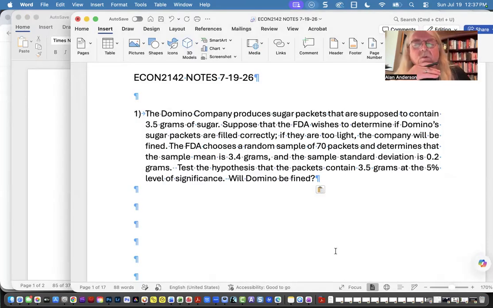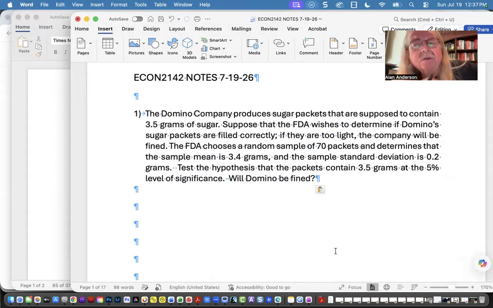So first things first, what exactly do we want to know? Well, the Domino Company, which is a real company, as you know, produces sugar packets that are supposed to contain 3.5 grams of sugar. Suppose that the FDA is concerned about this. They are worried that maybe the packets are underfilled. If they are, then the company will be fined, because it's false advertising.